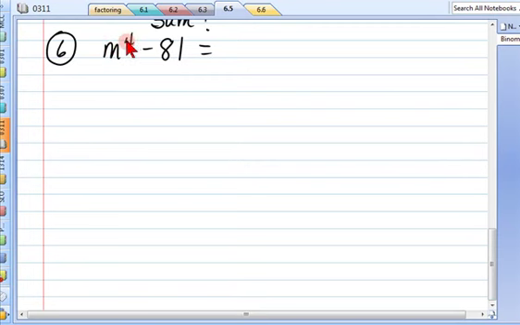Yes, because it has an even exponent. And 81, is that a perfect square? Okay, then I will begin. And one of these will be plus and one will be minus. What's the square root of m to the fourth? M to the second. And the square root of 81 is 9.